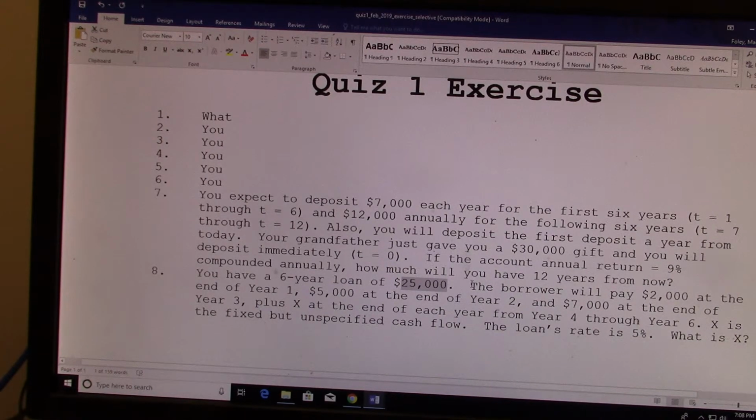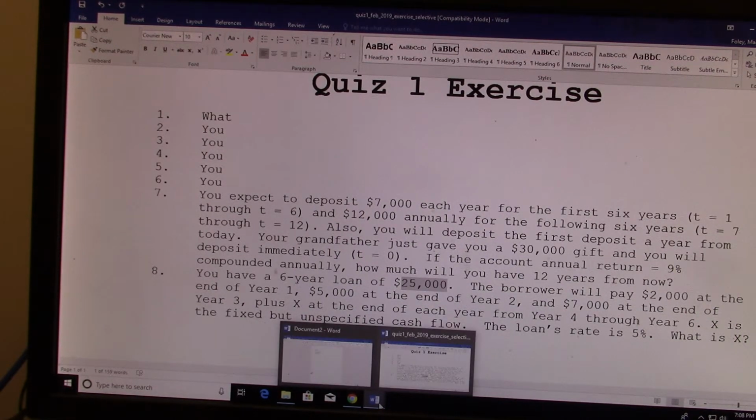So you can pick the choices A, B, C, and D one by one, figure out the net present value, and see which one gives you a net present value equal to $25,000. You can do it this way. Or let's give it a try.